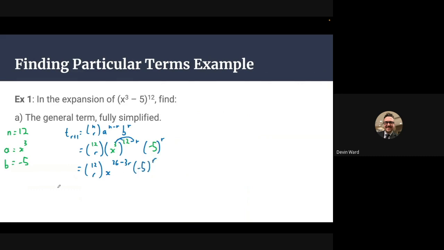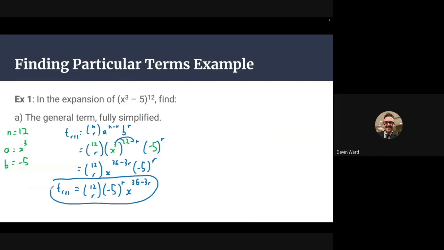One last thing I'm going to do is switch these two because I want to put all my constants at the beginning, just to make it easier to multiply them, and I'll put my variables at the end. Remember, the r stays outside of the brackets because it's negative 5, so it'll go from positive to negative based on whether r is even or odd. x to the 36 minus 3r. And that is my general term.